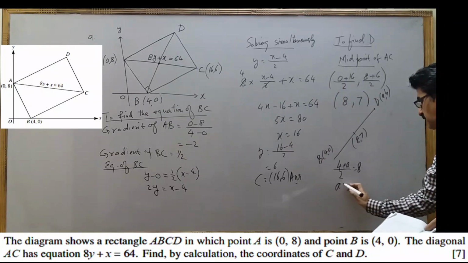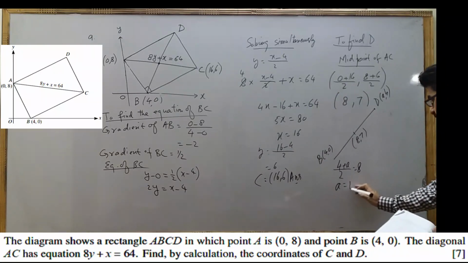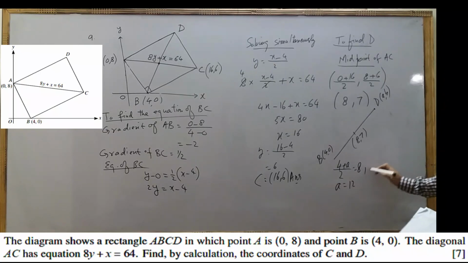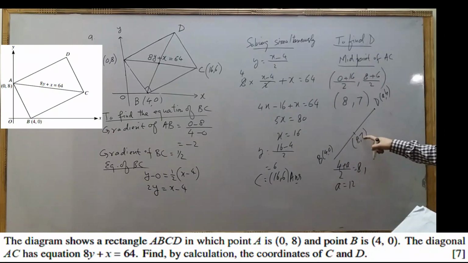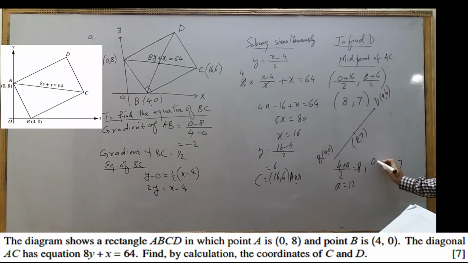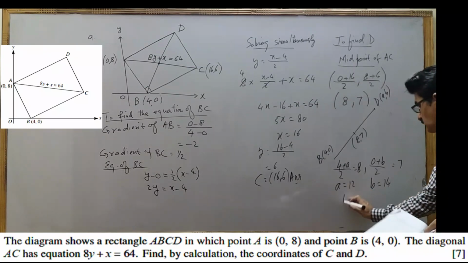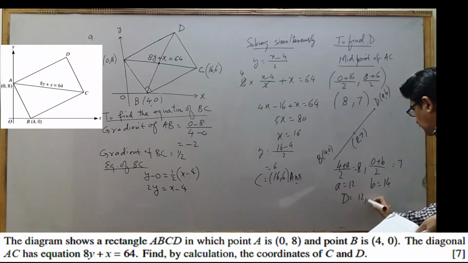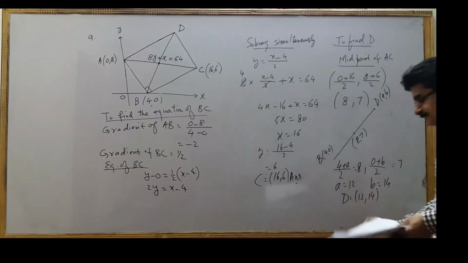From here you get a is equal to 12. Similarly, the y coordinate of the midpoint, 7, will be equal to y1 plus y2, so 0 plus b over 2. From here you will get b is equal to 7 twos are 14. So we have found the point D as (12, 14). Thank you.